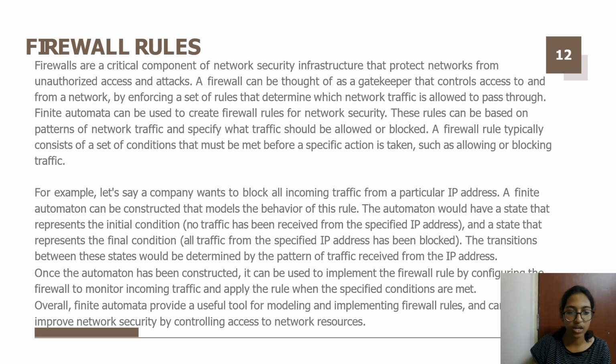Once the automaton has been constructed, it can be used to implement the firewall rule by configuring the firewall to monitor incoming traffic and apply the rule when the specified conditions are met. Overall, finite automata provide a useful tool for modeling and implementing firewall rules, which improve network security by controlling access to network resources.